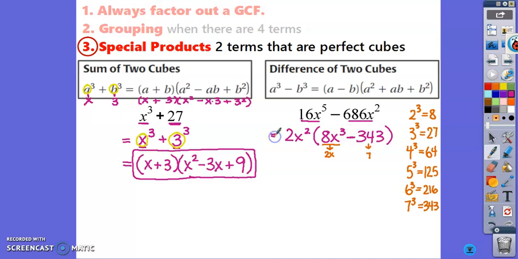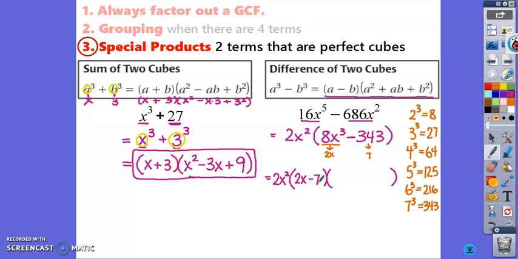So once more, that 2x squared is still part of the answer, so I'm going to leave that there. But I'm going to be able to do this by following the little formula up here. So a minus b in this case is 2x minus 7.